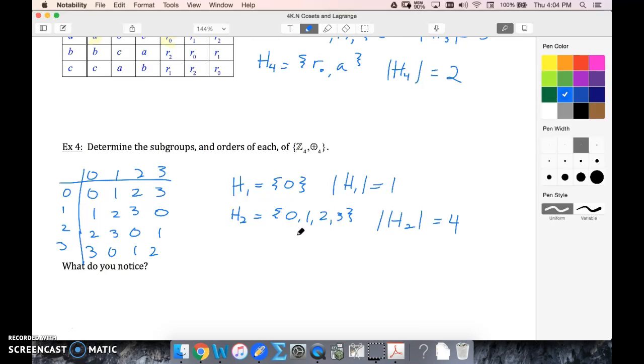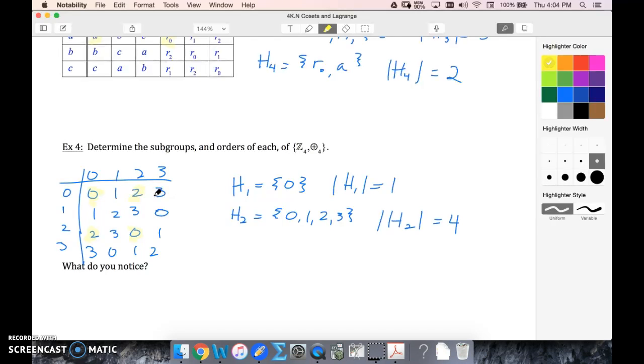Now looking for another closed group. If I look at 1, 1 goes into 2, so that doesn't work. Looking now at 0 and 2, I've got 0, 2, 2, 0, so there's another group. Let me switch over to my highlighter. Let's look at 3.